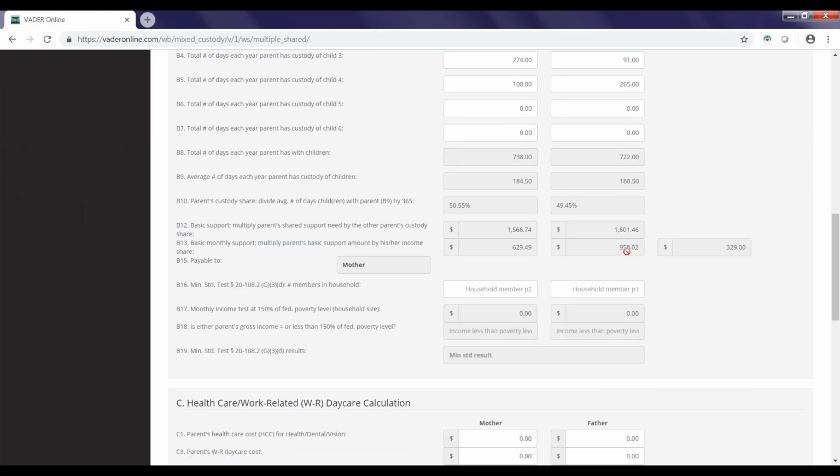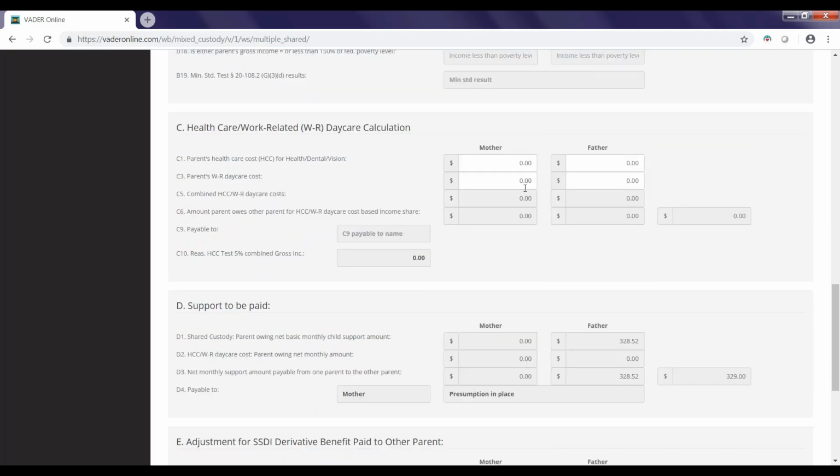That gets you to $958. And then you simply subtract the smaller number from the larger number. And in this particular example, the smaller number is mom's share, $629, from the larger number, dad's number of $958, leaving a difference of $329 that's payable to the mother.